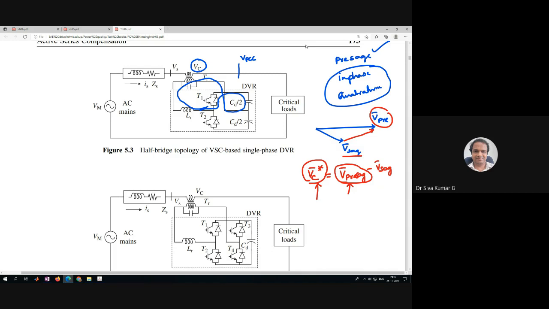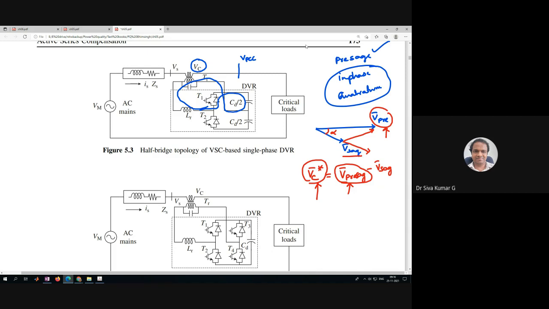Because once the sag has occurred, there is a shift in the voltage angle. This fault won't be there for a longer duration; by definition it lasts between half a cycle and one cycle. Once the fault has been cleared, the voltage moves back to the pre-sag voltage.